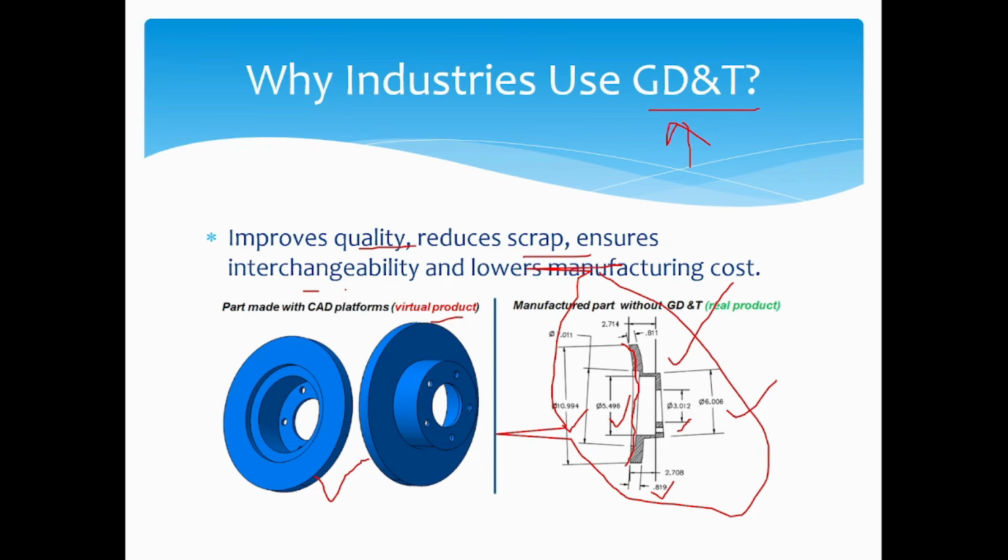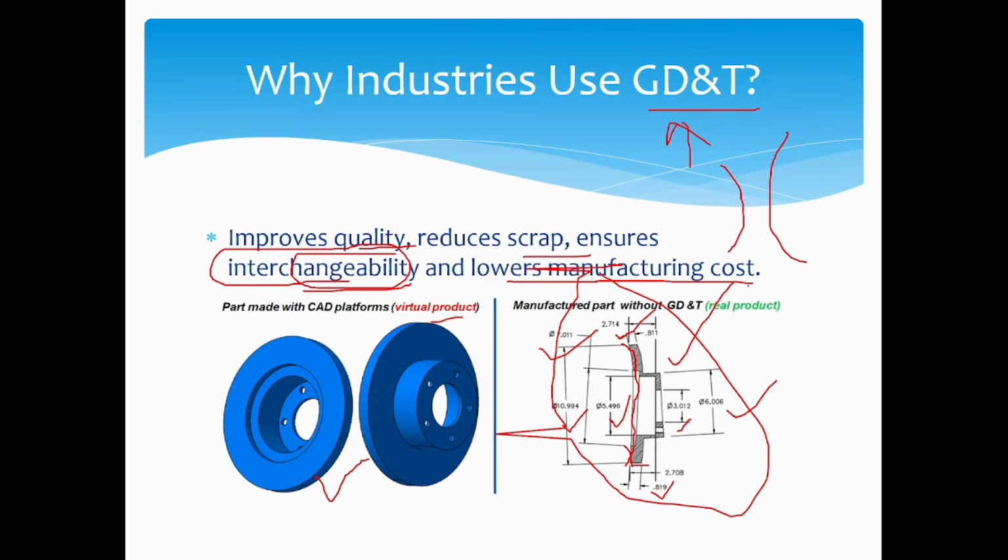If I'm not pointing out the perpendicularity between these two faces, initially it is coming this way, later on in another product it may come in this way, and we cannot reject it because it passes all the dimensions that are given. That's why interchangeability comes into play when we focus on GD&T. It also lowers the manufacturing cost because it reduces the rejection.